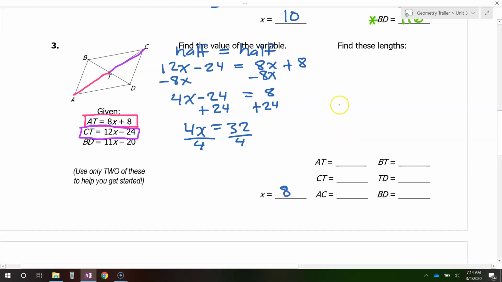All right, now time to find some stuff. Okay, let's start with AT. AT is 8x plus 8. So that's going to be 8 times 8 plus 8. So that's going to be 72.